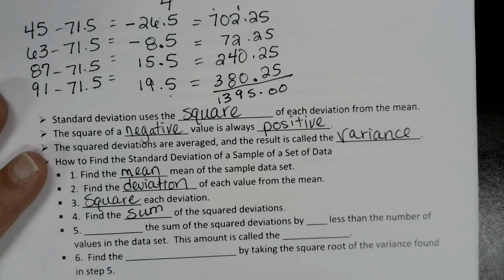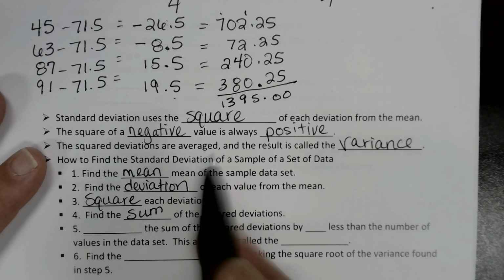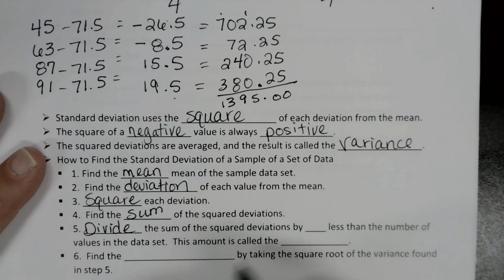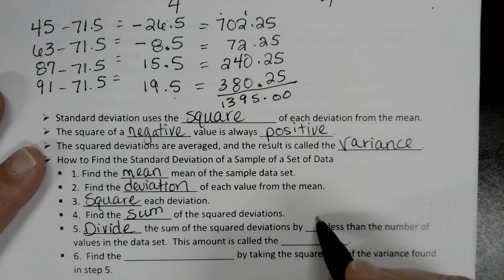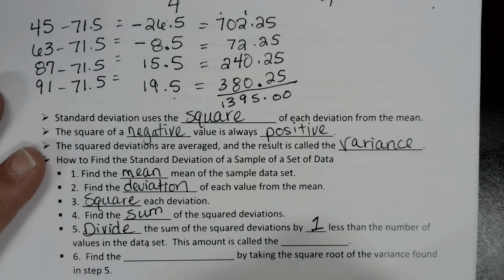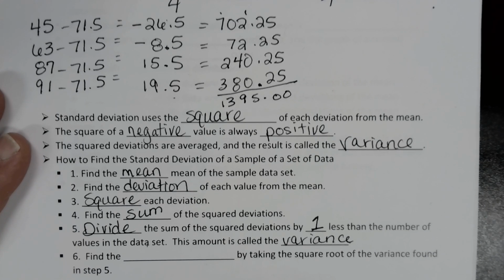Then, here's the kicker. We're going to divide that sum of the squared deviations by one less than the number of values in the data set. That amount is called the variance. That's what we're looking for. Okay? So, let's do that.